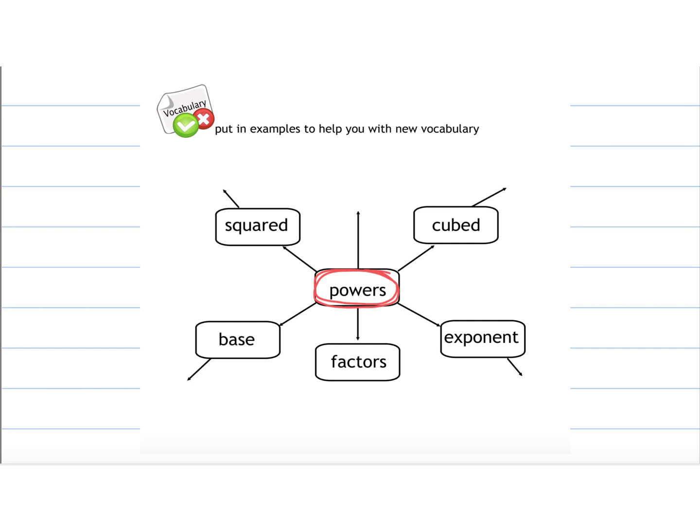So squared means to the power of 2. So 3 squared just means 3 to the power of 2. Cubed means to the power of 3. So like 4 to the 3rd power, we would say 4 cubed. Here we would say 3 squared.